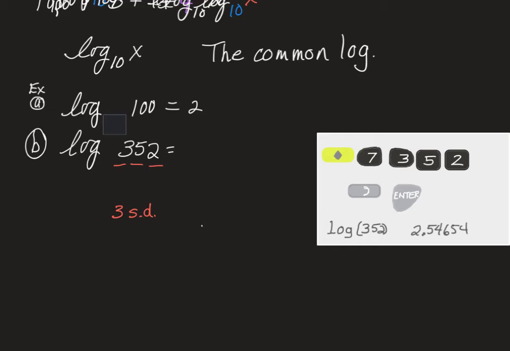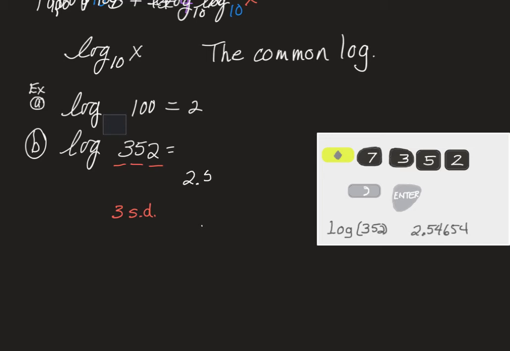This is an area in which logarithms differ slightly from our usual rules for significant digits. When we are taking the log of a number, we note the number of significant digits in the argument, and then we express the answer not to the same number of significant digits, but to that number of digits after the decimal point.